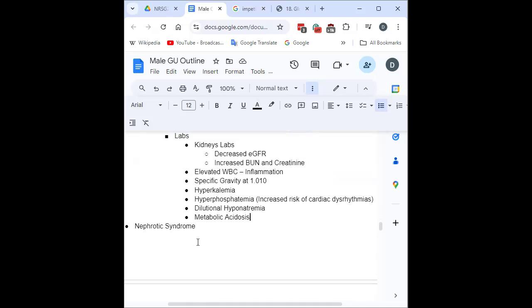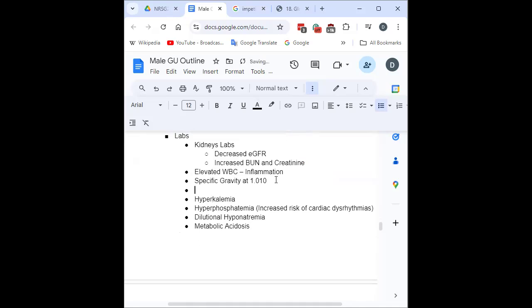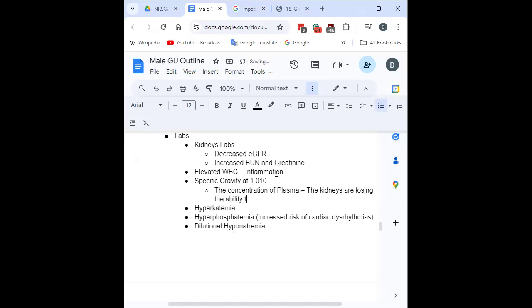Oh, okay, so that's the reason for this. If you were wondering why this is specifically at 1.01, it's the concentration of plasma. Essentially, the kidneys are losing the ability to concentrate the urine.